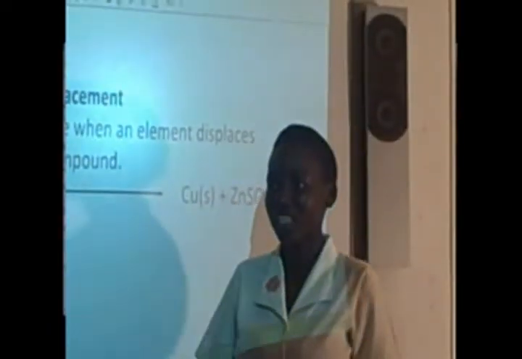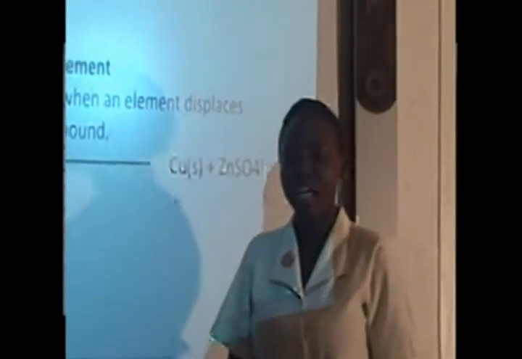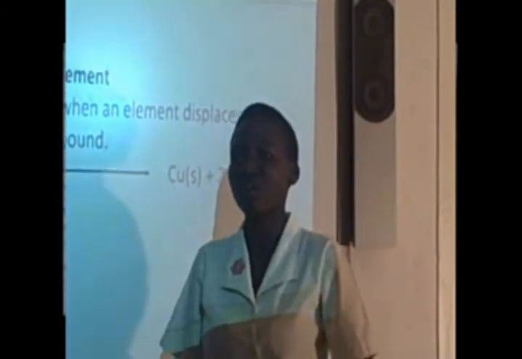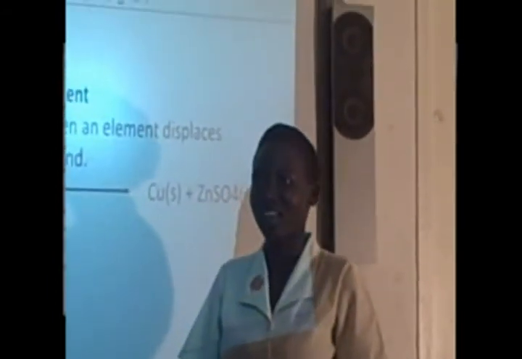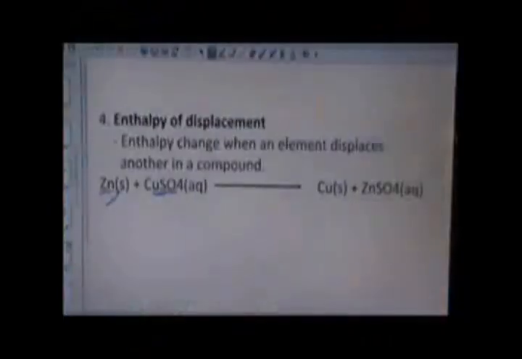Take an example. A big man will push away a small man from the chair. So this zinc, which is higher in the reactivity series, is going to push away the copper in this compound to give you copper solid plus zinc sulfate.